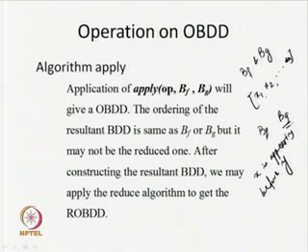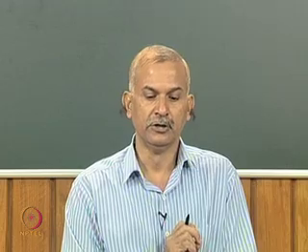So, for all variables, if this requirement is satisfied, then we can say that the variable orderings are compatible for these two BDDs. So, one primary requirement for use of this apply algorithm is that both the BDDs must have compatible variable ordering.